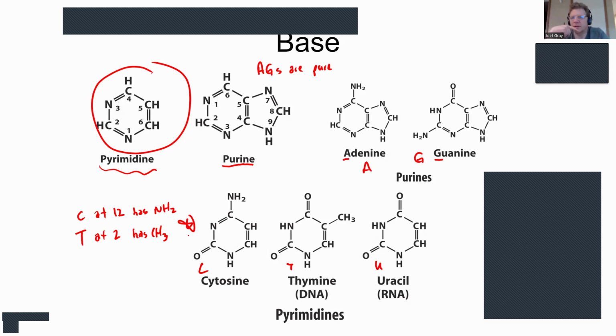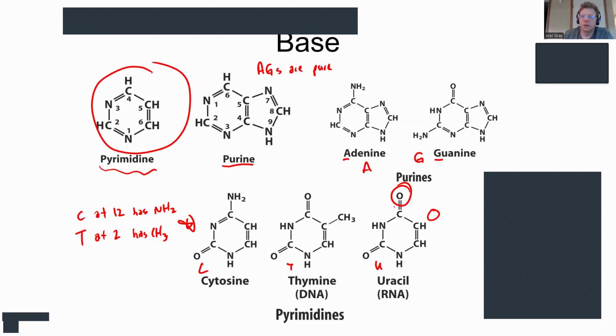No. Process of elimination. I'm going to see this structure and think, okay, that's uracil, because I know that it does not at the 12 o'clock position have a nitrogen, and at the 2 o'clock position it doesn't have a methyl group. So by process of elimination, this is uracil.